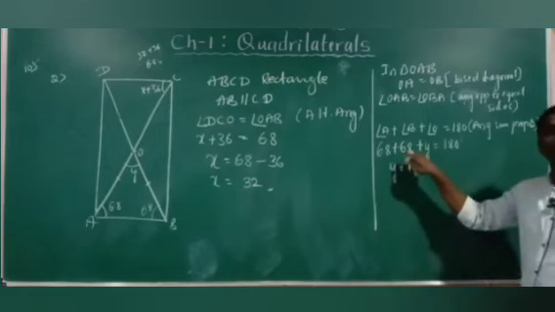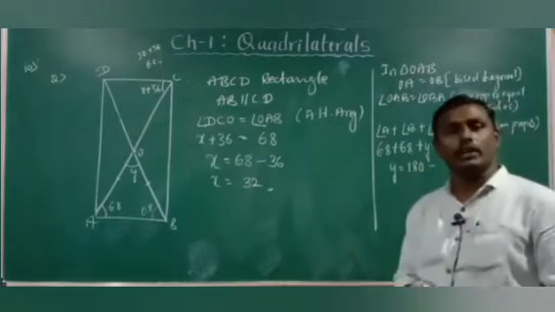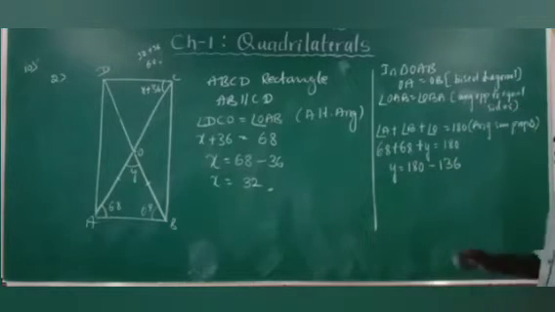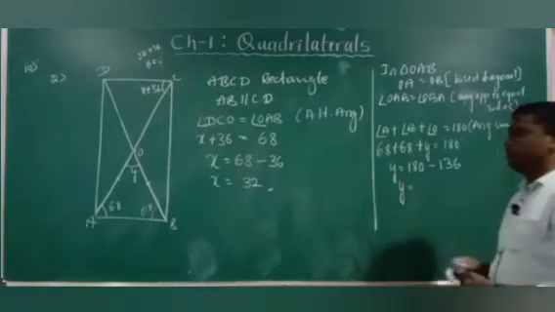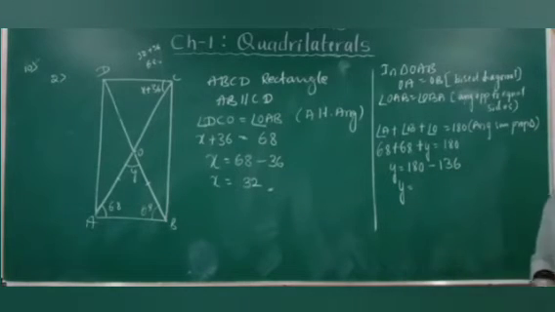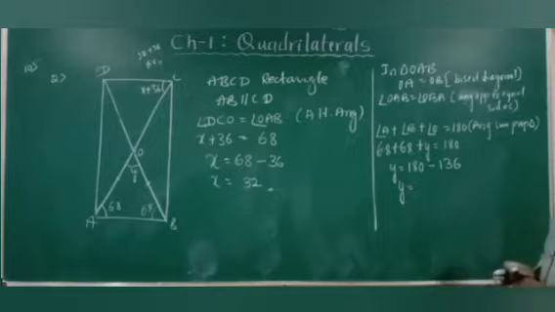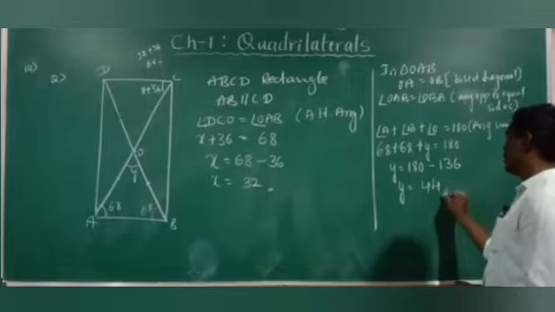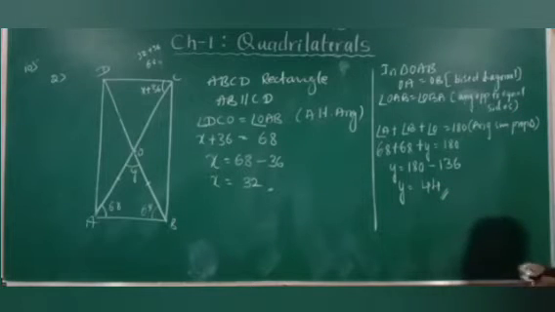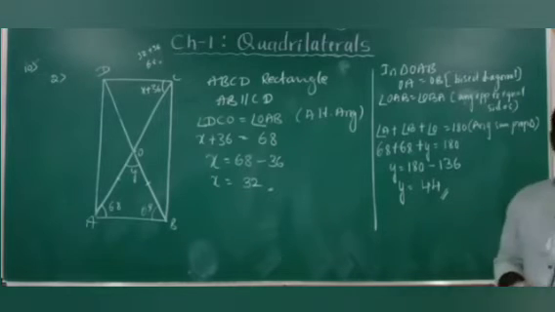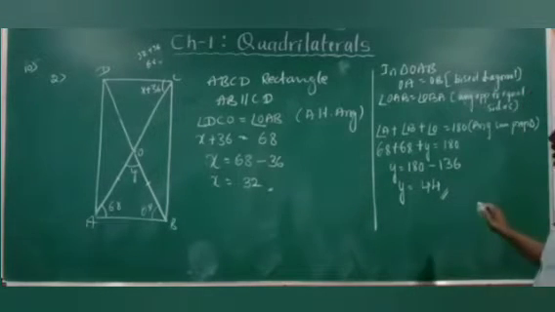So 120 plus 16 is 136, right? So Y is equal to 180 minus 136, which is equal to 44, right? So these are the two required values of X and Y.